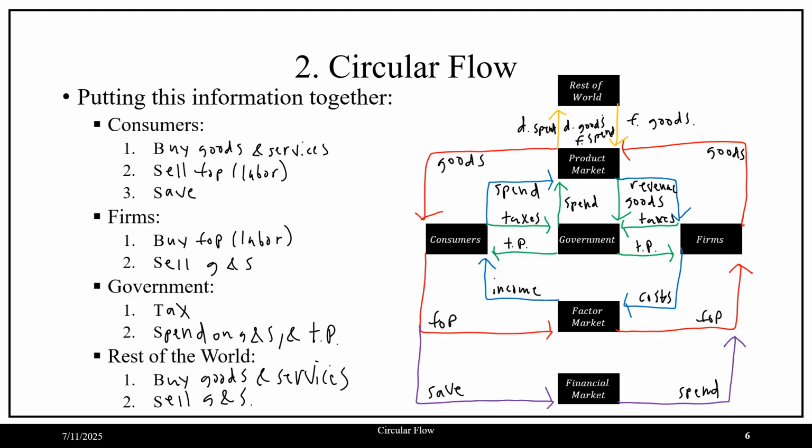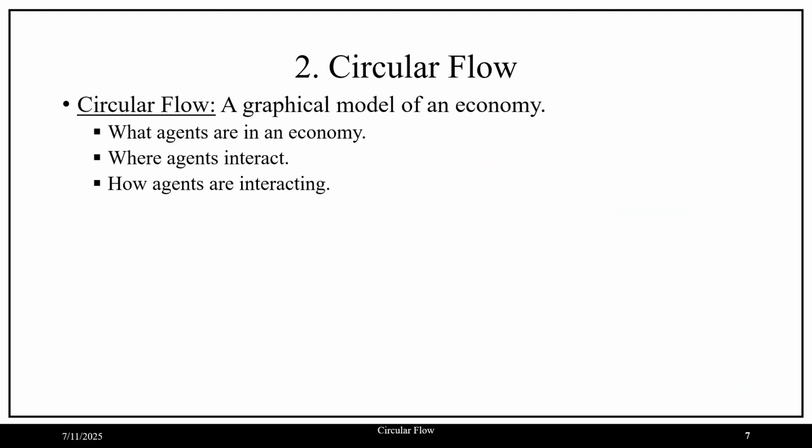Here, this is our circular flow model of the economy. It represents a set of agents in an area, the actions that they can perform, as well as where they can perform those actions at. To summarize that, the circular flow model is a graphical model of an economy.